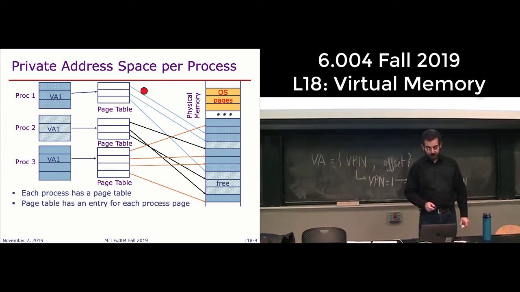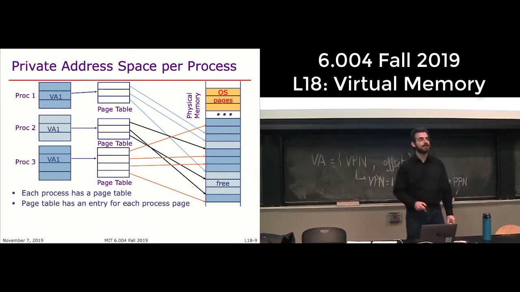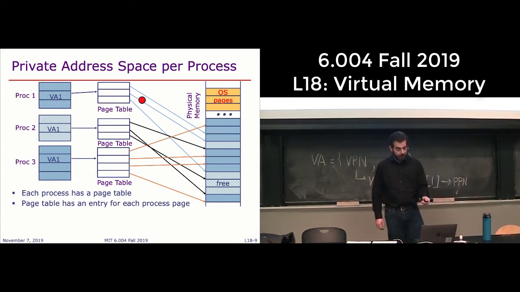So you can see that each of these page tables has pointers to different locations in physical memory. In this particular case, this entry is pointing here, and this is this location over here for process 1.